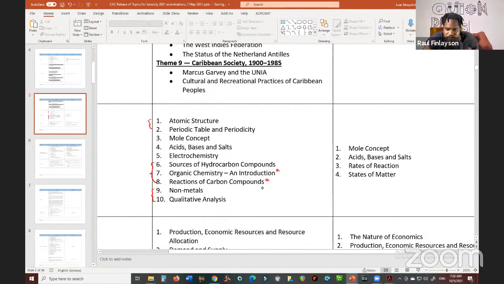Mole concept, acid base and salt would be married there as well. So looking at 1 and 2, a possibility, 3 electrolysis would be something by itself. And then of course this would be question 6, which means 4 and 5 look like two organic chemistry questions.